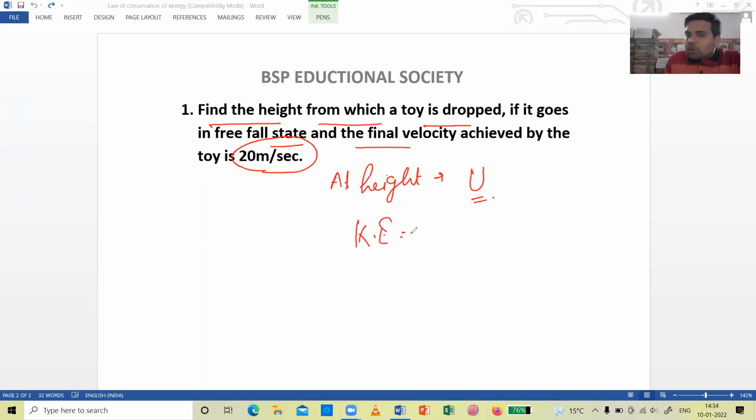The concept we have just discussed is that energy is conserved, so the total energy will be the same at each point. When the final velocity is achieved, the kinetic energy, half m v square, will be equal to the potential energy, which is also the total energy, at height h. I am assuming that the height is h, so you can find the value of h.